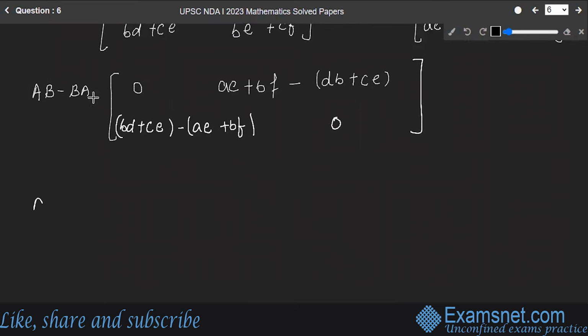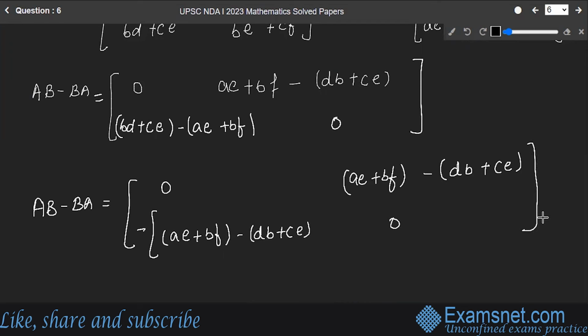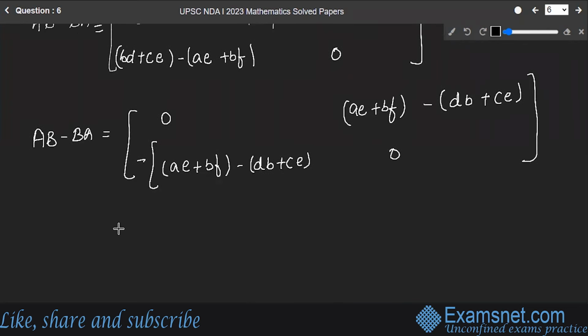AB minus BA is equal to [0, AE plus BF minus DB plus CE; ...]. And this can be written as, taking minus common, AE plus BF minus DB plus CE. This is 0 as well. So what are they? They are skew symmetric matrices, right? This is a skew symmetric matrix.